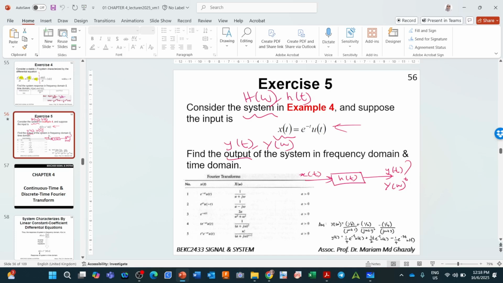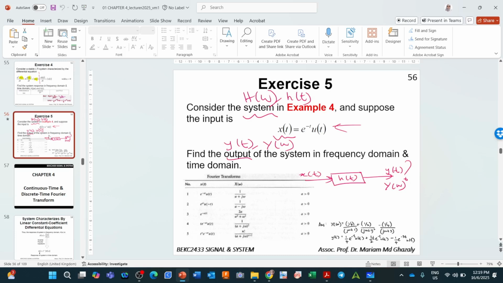Now the question says suppose that the input signal is given by x(t) equals e to the minus t u(t). So find the output. Basically, in the time domain we have a convolution with h(t). But to make it easier to calculate the output, we are going to convert it into the frequency domain.